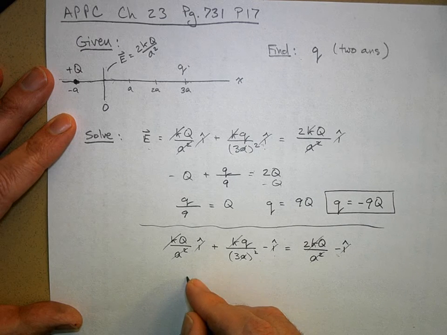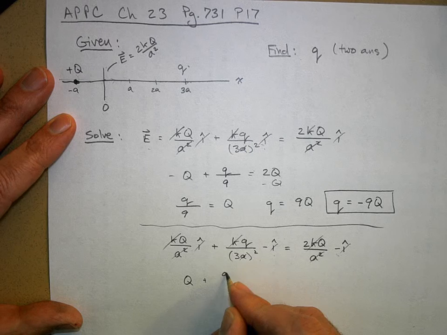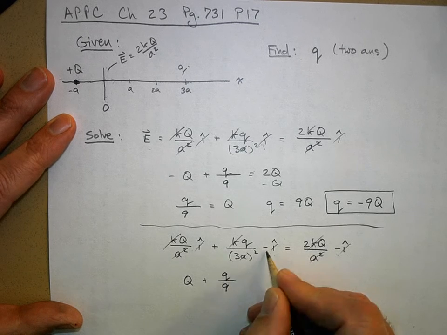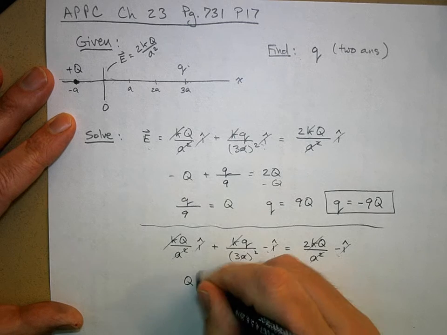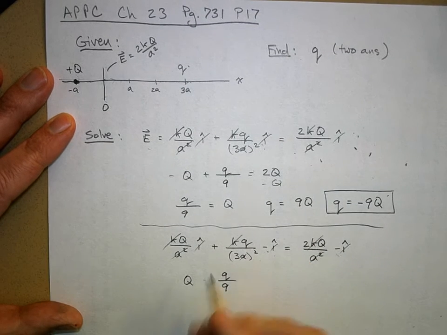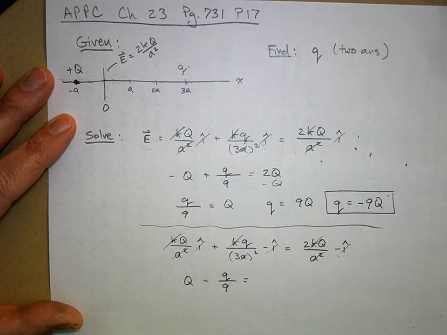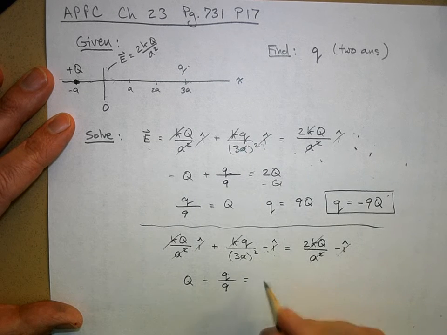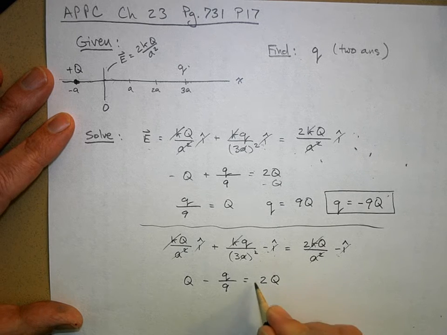So we have a q plus Q over 9, but oh, it's minus because of the negative from there. So minus Q over 9, and that's going to be equal to negative 2q, right?